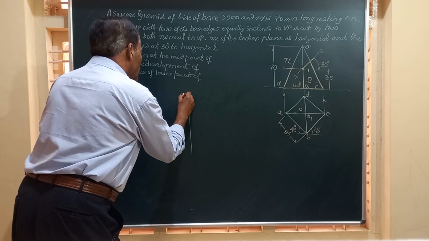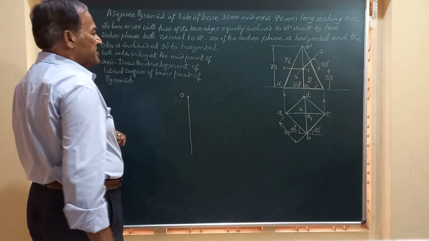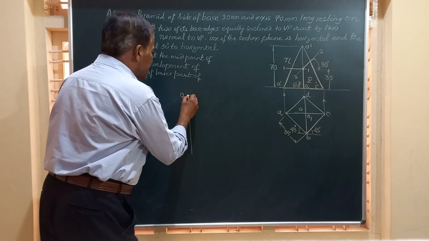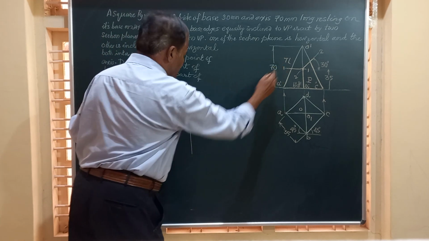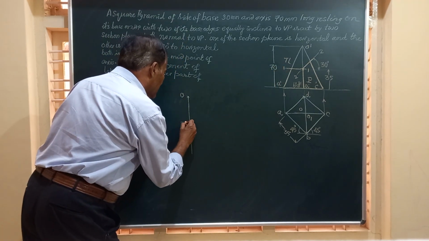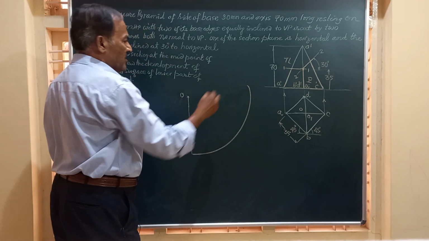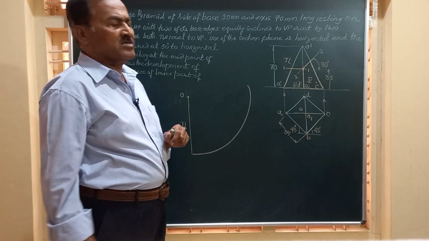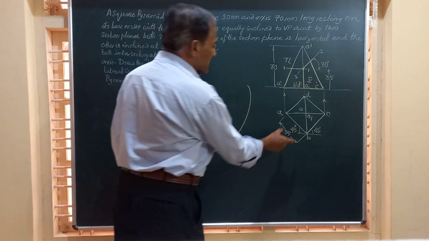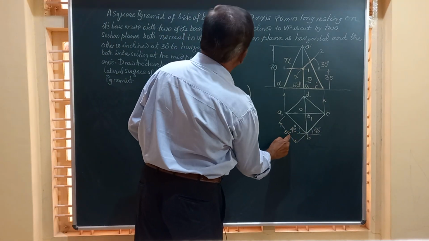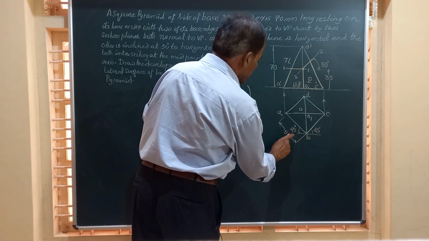Say this is O and this is some point you will take later on. And taking this O as center, true length as radius, I am going to draw an arc like this. And on this I am going to mark 30, sorry, this is 30 millimeter, not 35.